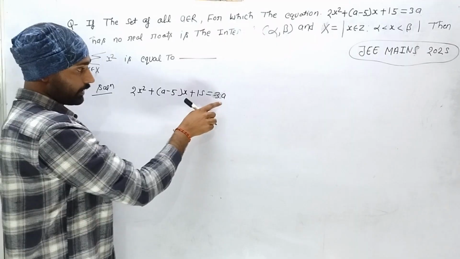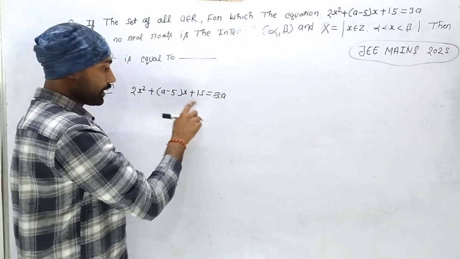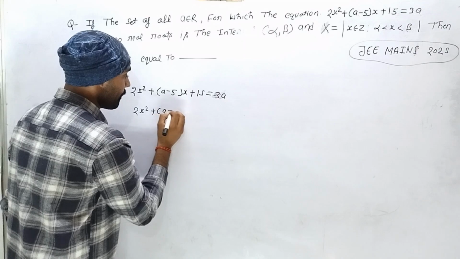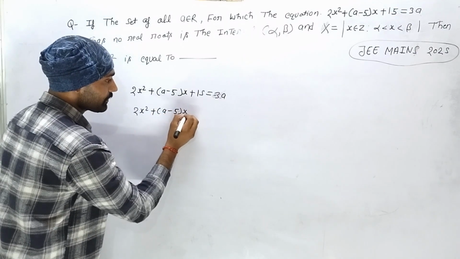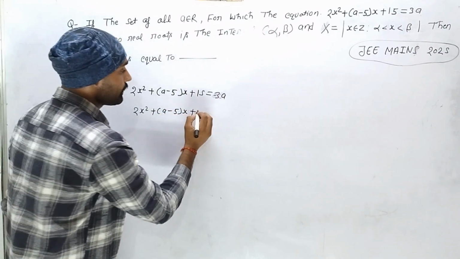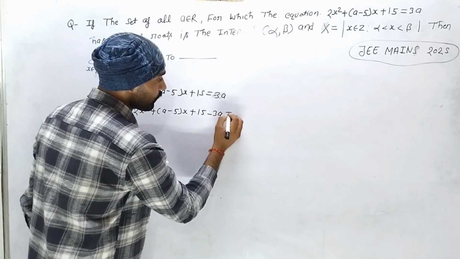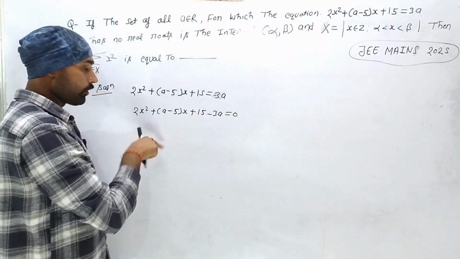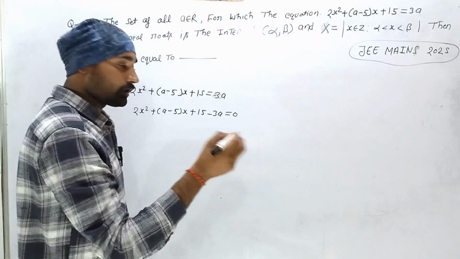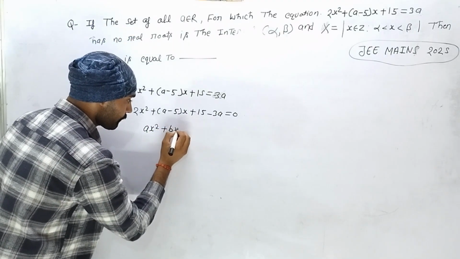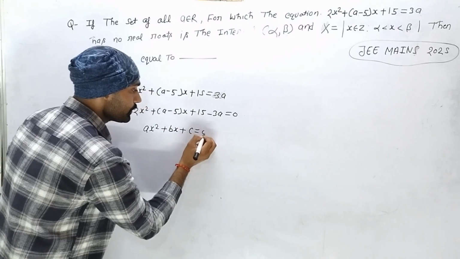We rearrange it in the form of the quadratic: 2x square plus (a minus 5)x plus (15 minus 3a) equal to 0. Now compare with the general quadratic equation ax square plus bx plus c equal to 0.